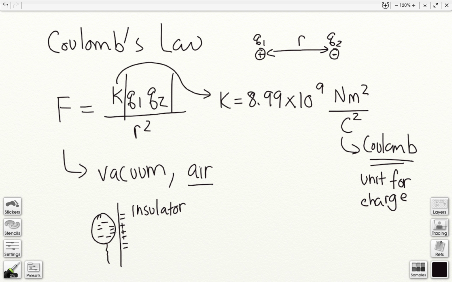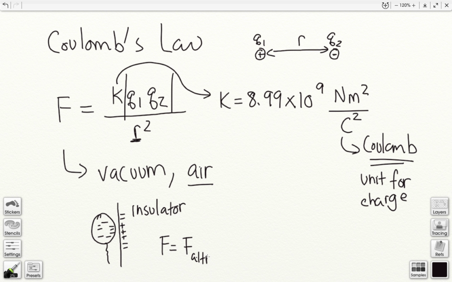Now you can see that here there's an attraction force between the negative and positive charges. Since the negative and positive charges are closer to each other, this R value is smaller, and so that value will be bigger. So here we have the total force.